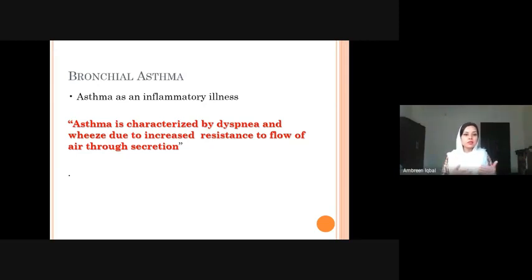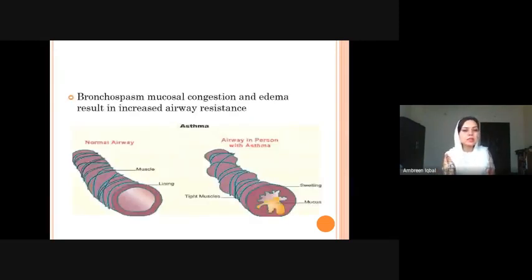They are produced because there is increased resistance to the flow of air in the airways, and also due to the presence of secretions and mucosal congestion. You can see in this picture, this one is the normal airway, with a normal lumen. This one is an airway of a person who is asthmatic.